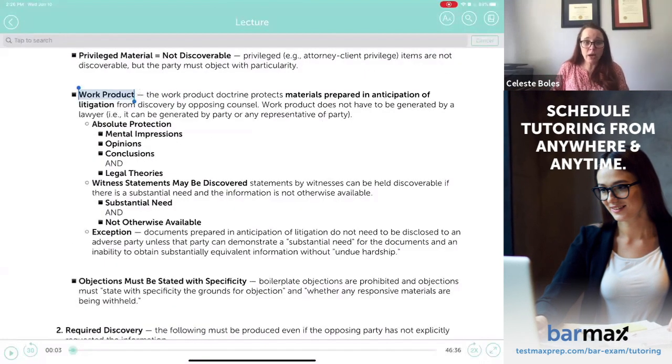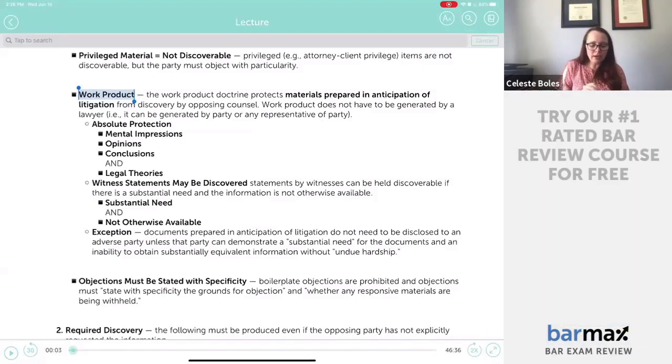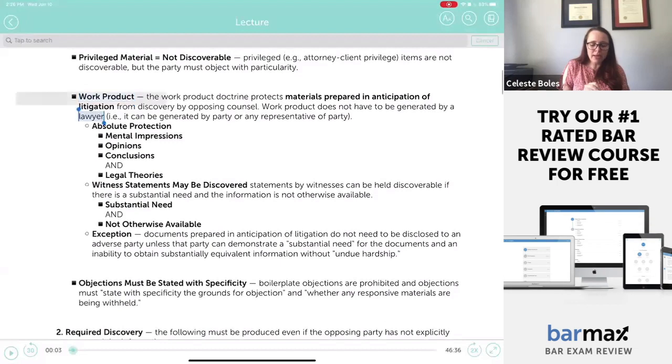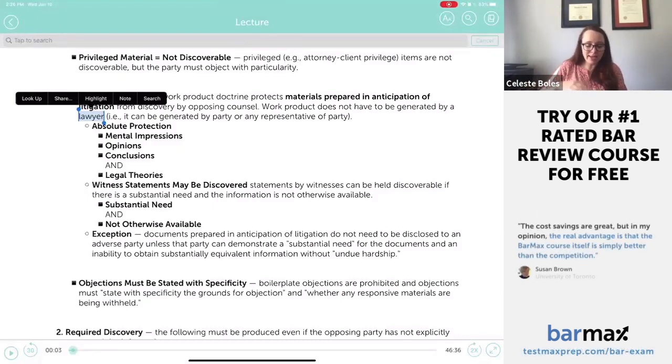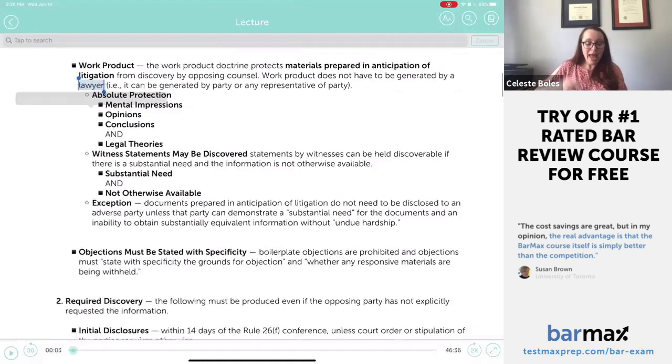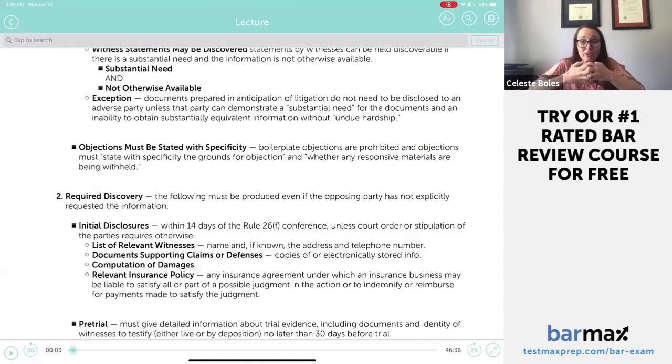I'm sorry, the work product doctrine doesn't have to be by an attorney or a lawyer. It can be by any party as long as it's prepared in anticipation of litigation. Got it. We would reread the rules around that issue at this time while we're reviewing it with a fact pattern to hang it on.